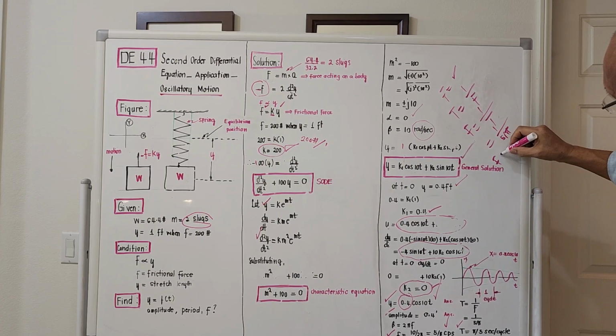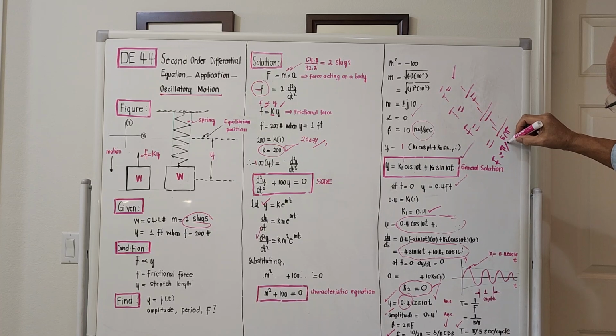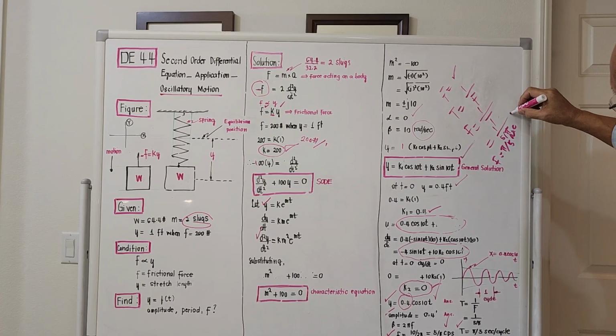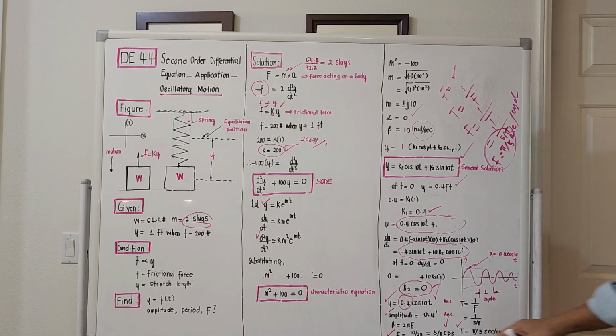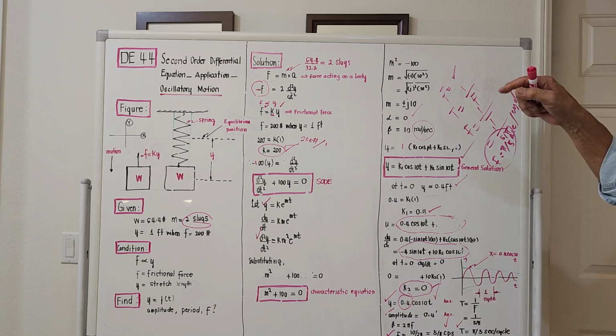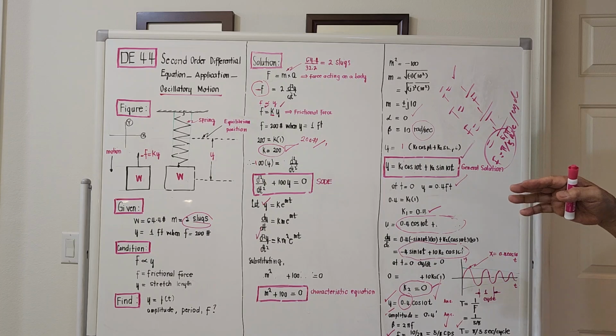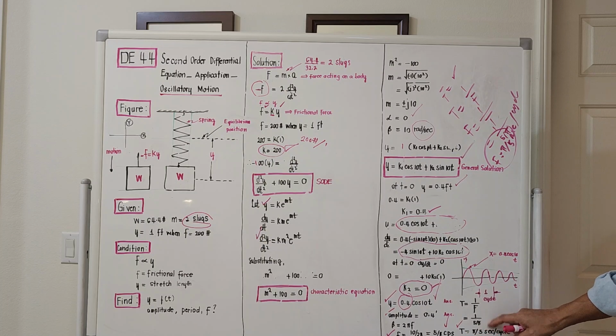So the time now will be pi over 5 seconds per cycle. It's the reverse of frequency. Pi over 5 is less than a second, right? Meaning, 1 cycle will not take more than, will not reach 1 second. It's just only pi over 5 seconds, around 0.6 maybe. Okay, that's it, guys.